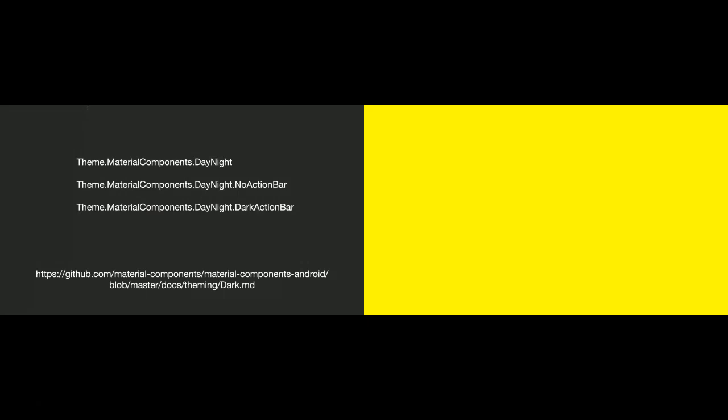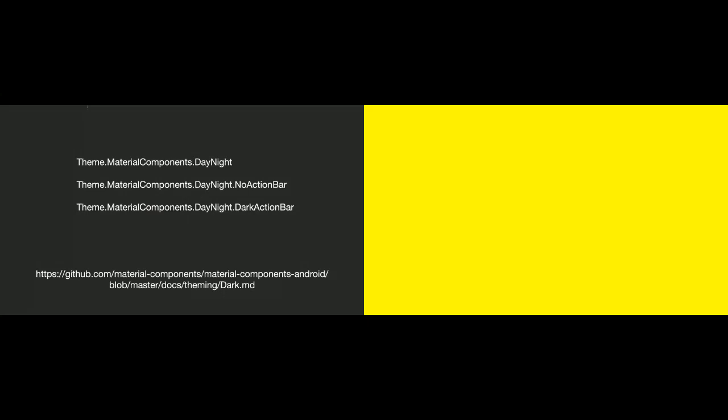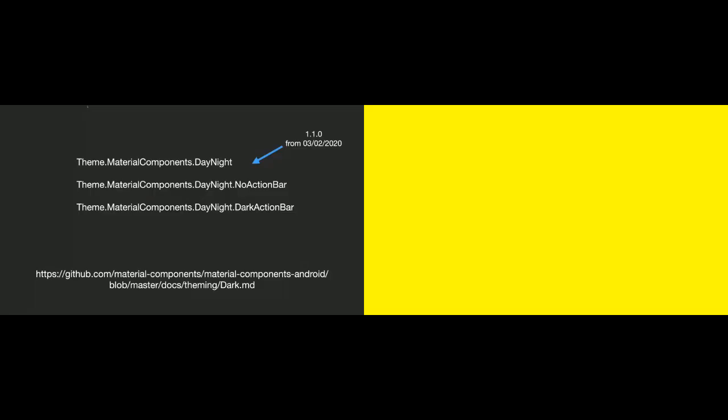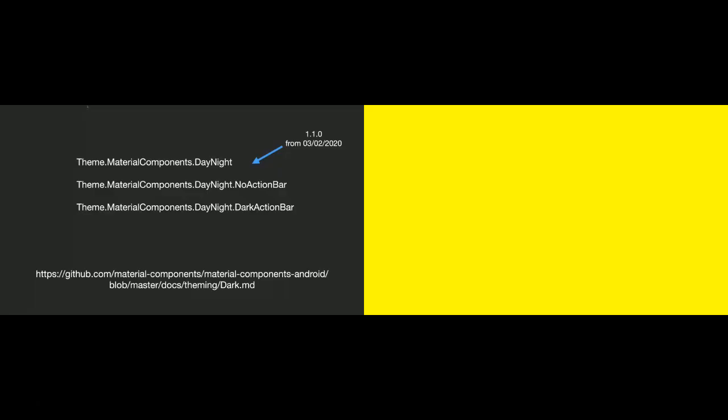If you look at the link at the bottom, there is a lot of documentation about supporting dark, and how to implement each component. So it's way easier to start working with it. Also, it's released since the beginning of February. We actually started this process at the end of last year, and the library was still a bit in beta. But it's Google, and everything is always a bit beta.